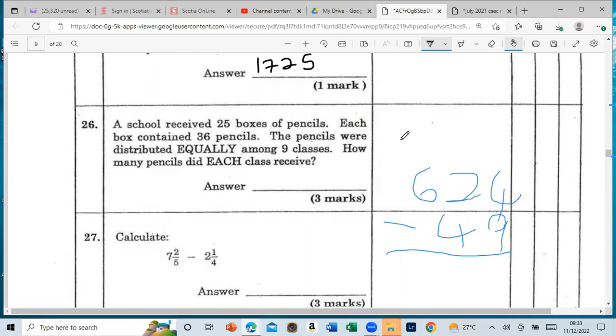Listen to the reasoning. We have 25 boxes, right? How many in each box? 36 pencils in one box. If 36 is in one box, how many would be in 25 boxes?